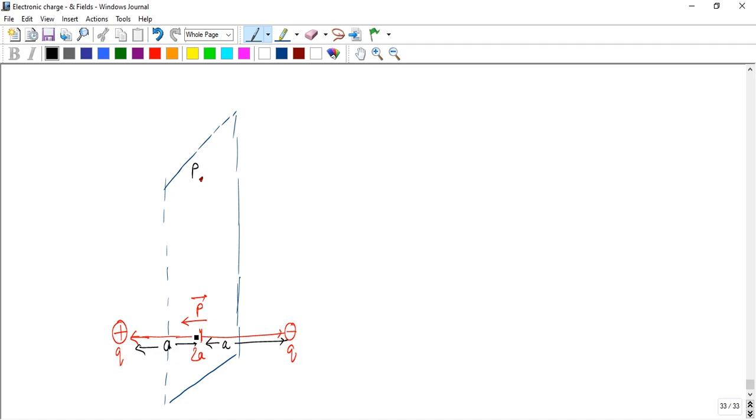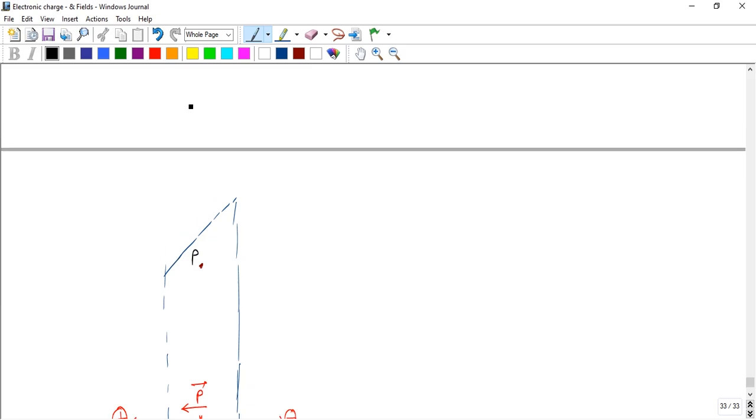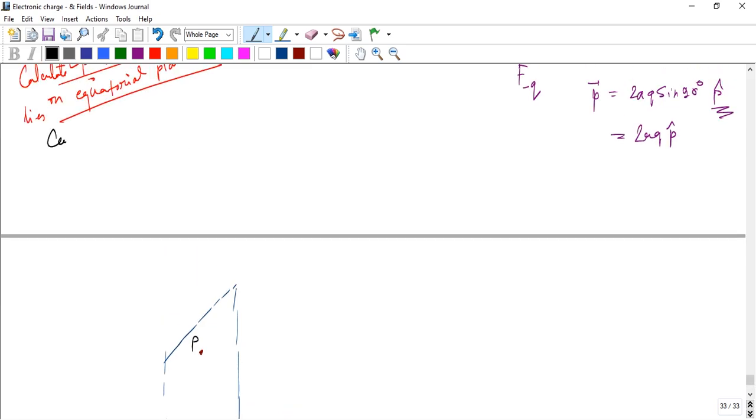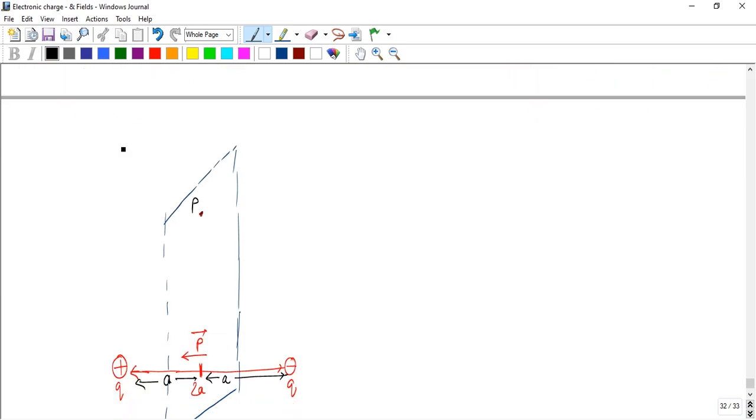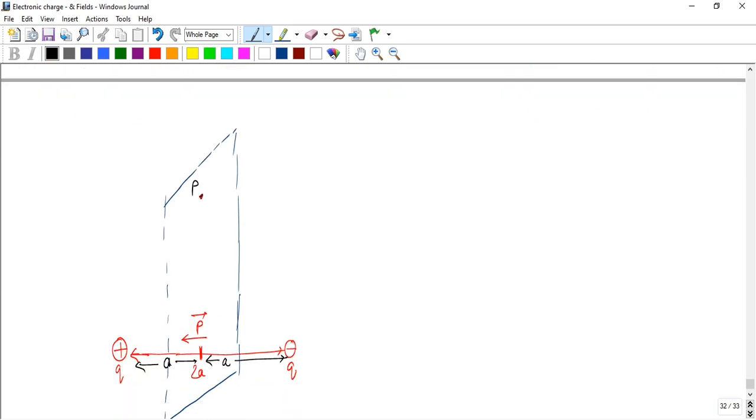Now calculate the electric field at point P, E P. Point P lies on the equatorial plane. So we now join these two points.